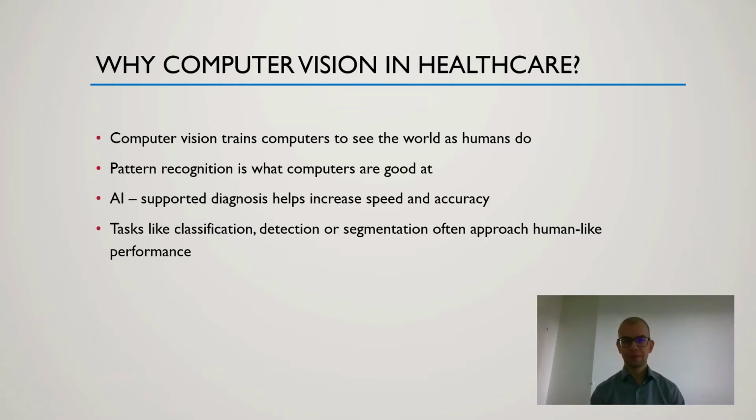And of course it also lowers the burden on the clinicians, because it just helps them to detect the features that they need. And as I said, tasks like classification, detection, or segmentation often approach human-like performance, and these tasks are actually the main tasks in the whole of computer vision. So let's have maybe a look what specifically they are.